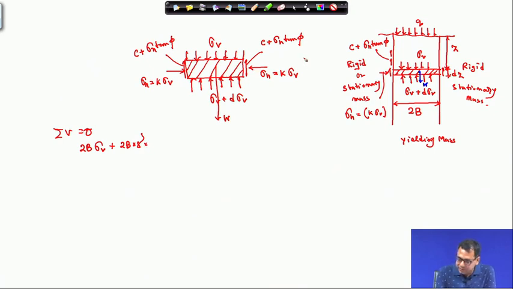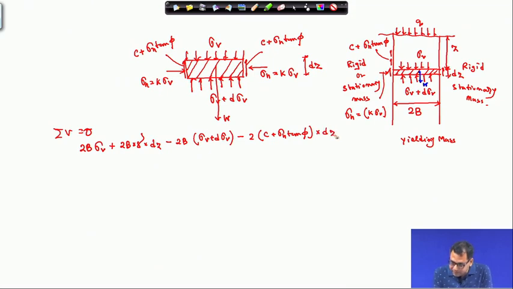Then the force acting upward is minus 2b into sigma v plus d sigma v, and the shear stress also acts upward, which is 2 into c plus sigma h tan phi into dz. Why 2? Because it acts on both sides, over the distance dz. That is equal to 0.